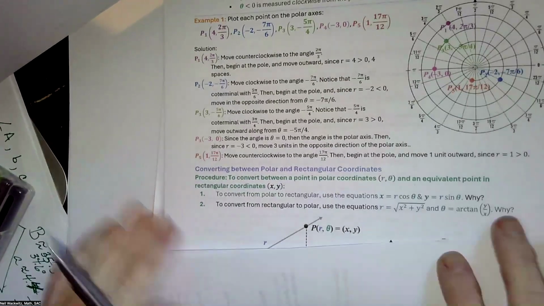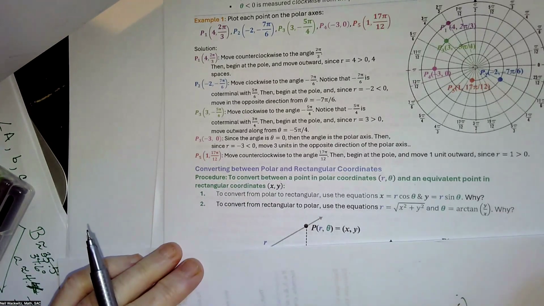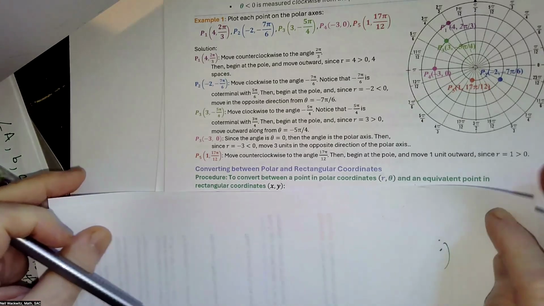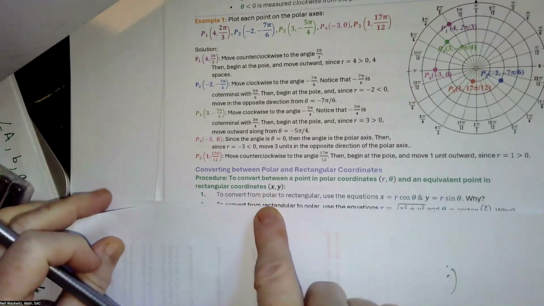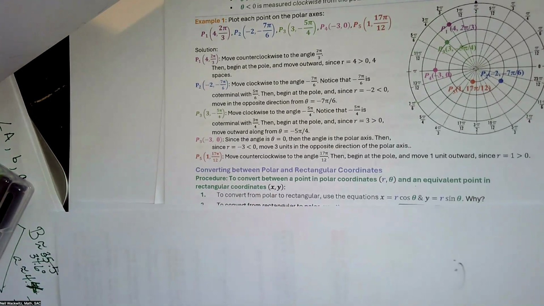Well, of course, if we've got 2 different systems of coordinates, we're going to want to go from one to the other. If we're starting with polar and we want to go to rectangular, let's look at a triangle.